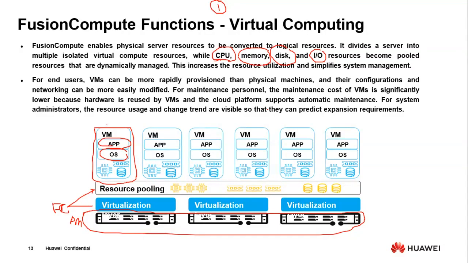Okay, but in this case, these are separated into two. So we have the memory section, and then we have the disk section. So that's how the FC treats them. So in terms of virtual computing, we can virtualize CPU, memory, disk, and input-output devices.